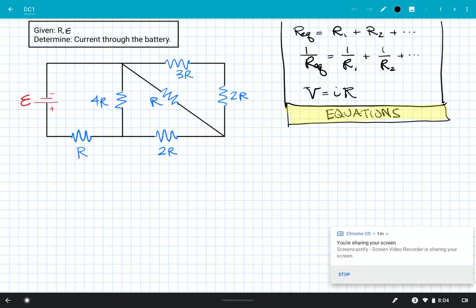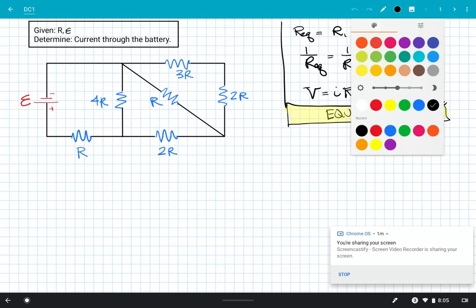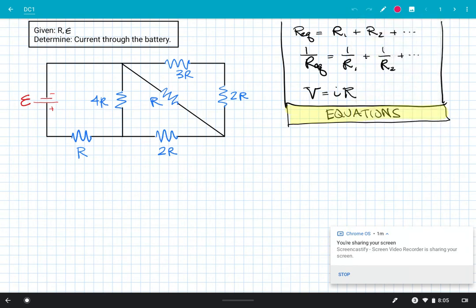So what we want to look for when it comes time to simplify a circuit like this is either series or parallel connections. If we look at this circuit that we have right now, I don't have a whole lot of choices as far as series or parallel. There are many, many ways of having components wired that are neither series nor parallel.